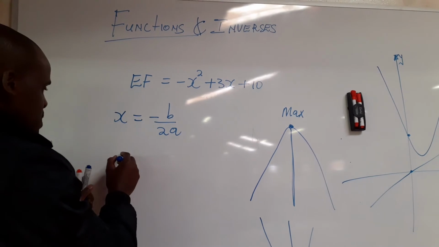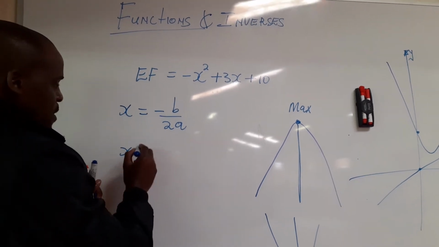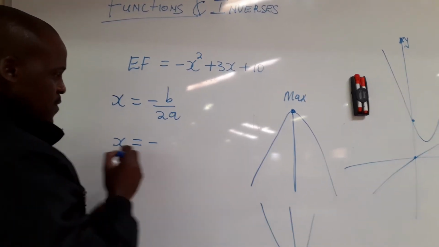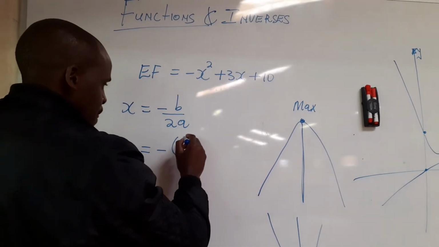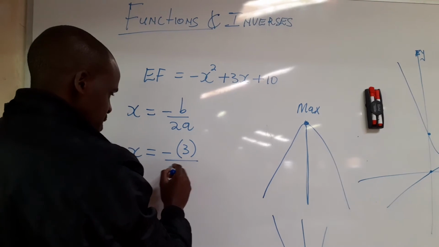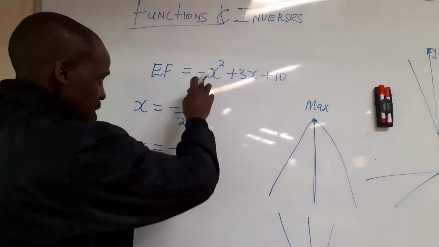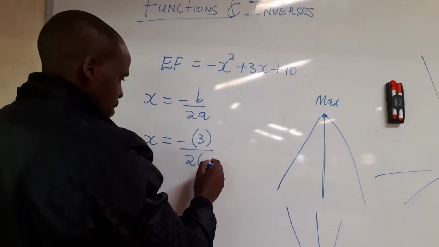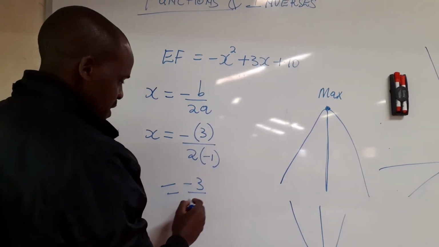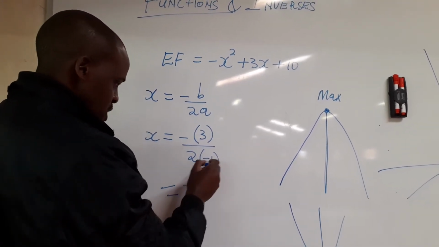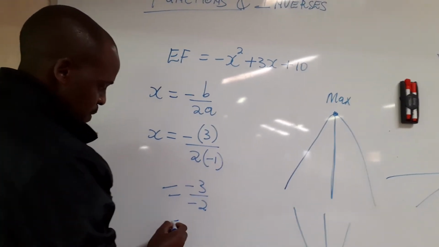So let's use this. It's minus into, our b is 3, divided by 2 times our a, which is negative 1. Right. It's negative 3 over negative 2. 2 times negative 1 is negative 2.